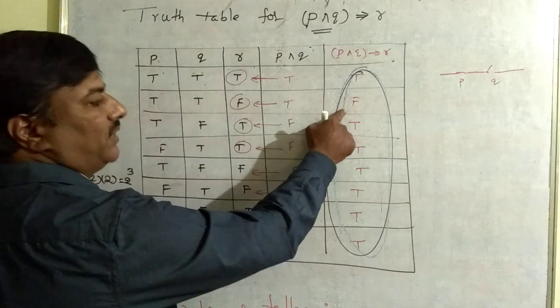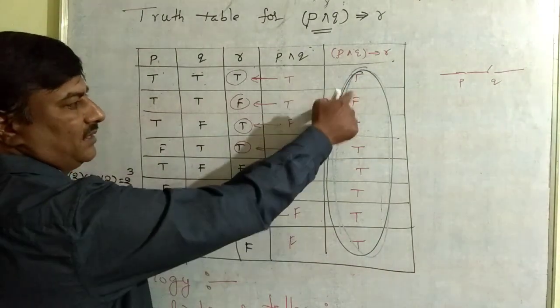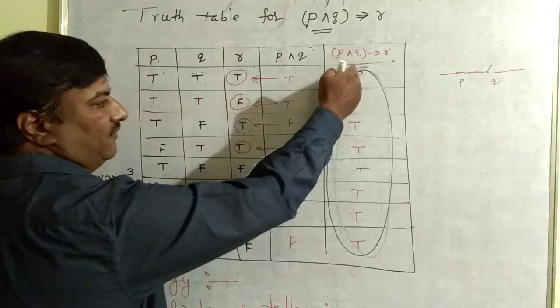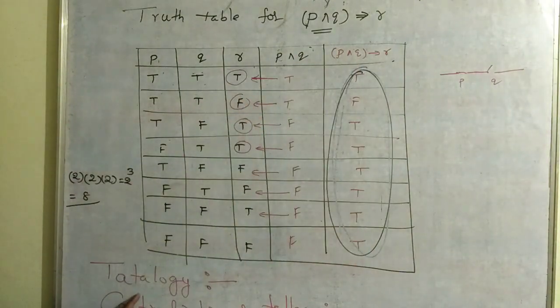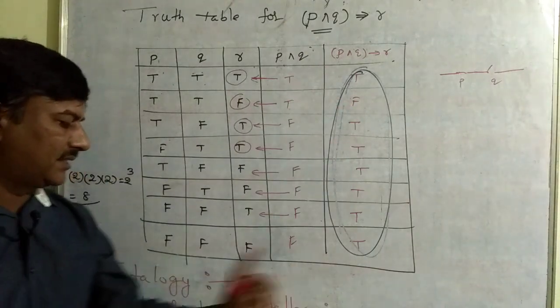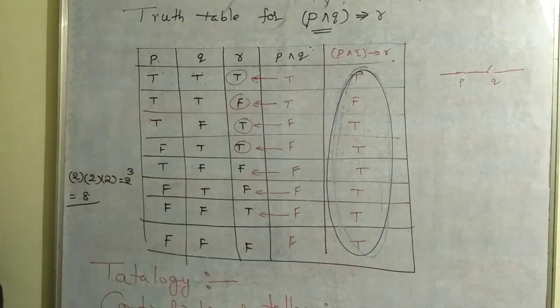In this place we got false. That means suppose here instead of false, if it is true, we will get all truths. All truths, then the combined statement is a tautology. And if we get all falses, then it is called contradictory. The combined statement is called contradictory or fallacy.